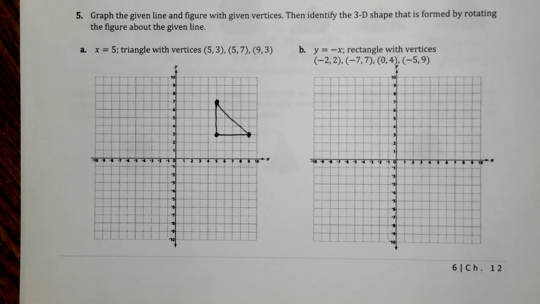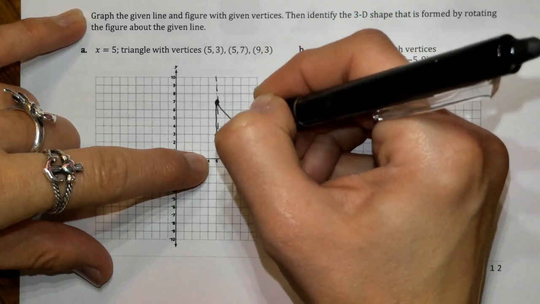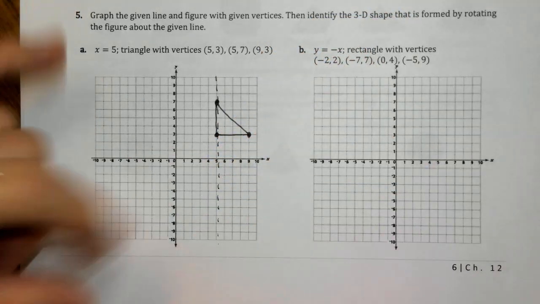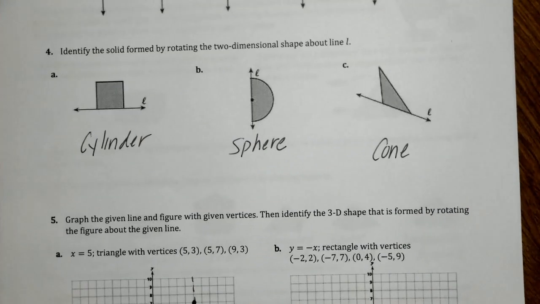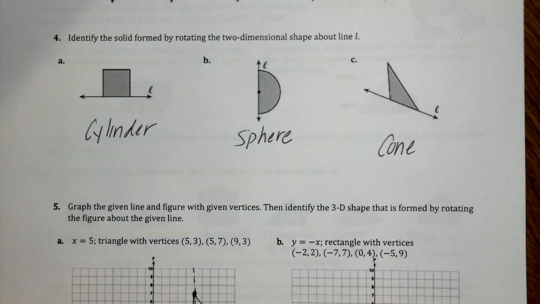So we're going to find ourselves with a triangle. Now we want to rotate around line x equals 5. So the line is going to cross where x equals 5. So we go to x equals 5 right here, and we want that line to go through right here. And going by what I said earlier, a triangle revolution will always become a cone.